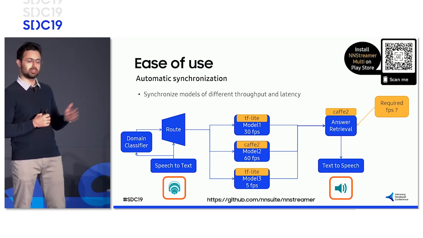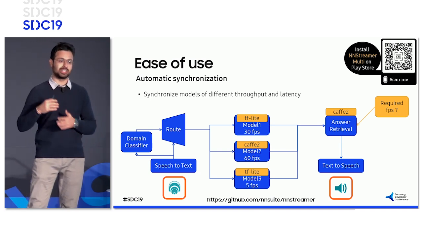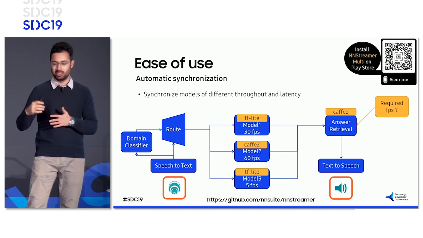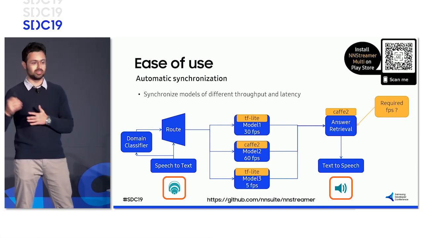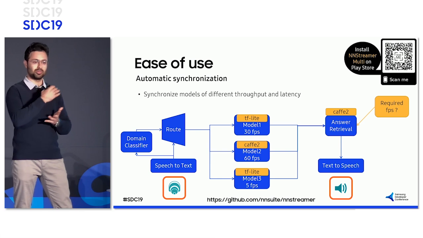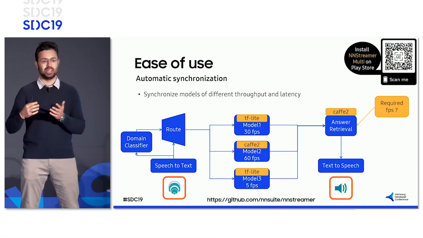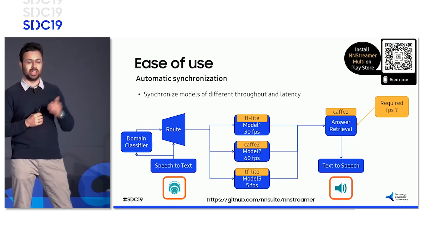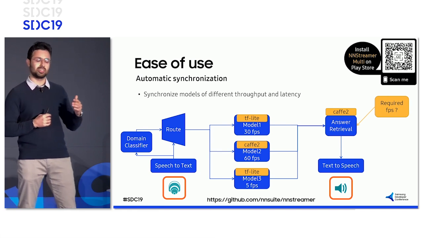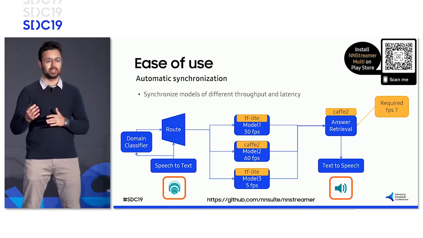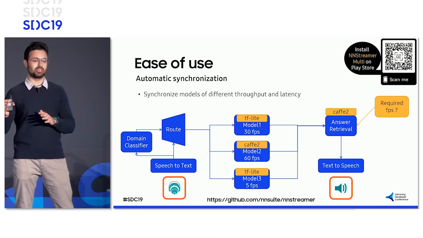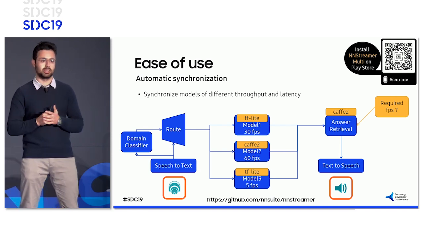We have 3 models running in together and giving us the output. The 4th module, which is answer retrieval, takes in the output of those 3 modules together and finally gives the output. As we notice here, models are running on different frameworks, so it is supported that you can have different models with different frameworks in the same pipeline.